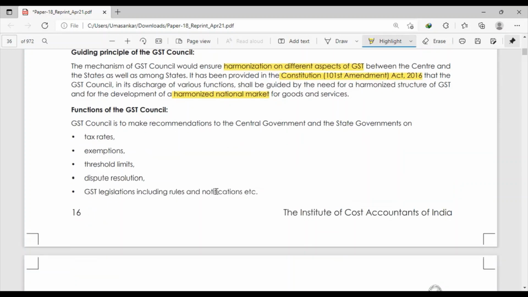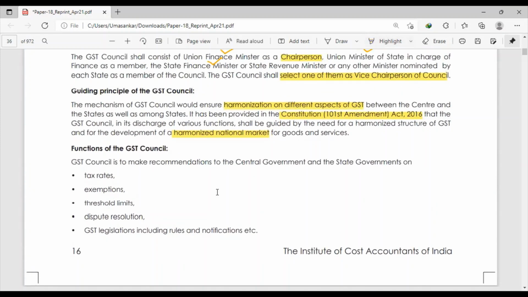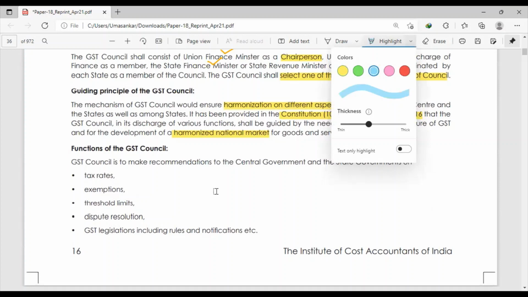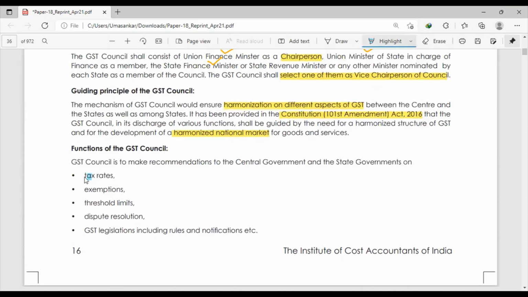Then, what are the functions? Meaning what does the GST Council do? The GST Council is to take recommendations from the central government and the state governments on tax rates, exemptions, threshold limits, dispute resolution, and GST legislation. So the GST Council will take decisions based on the recommendations of the central and state governments on matters related to tax rates, at which rate which product will be taxed, and for which products and services exemptions will be given.